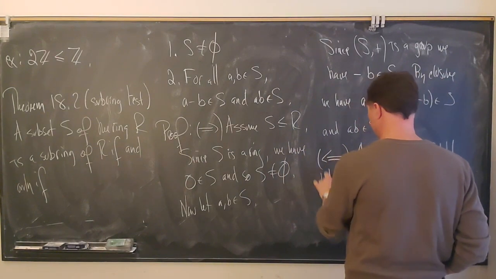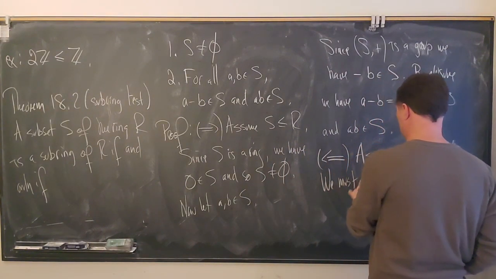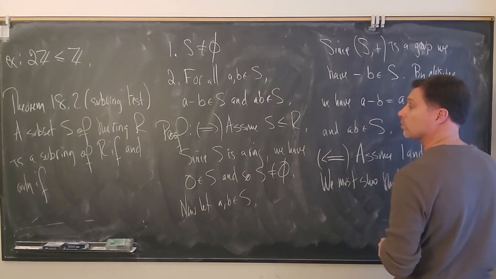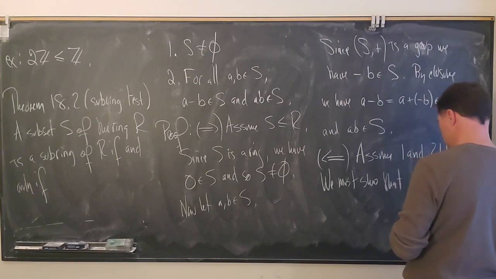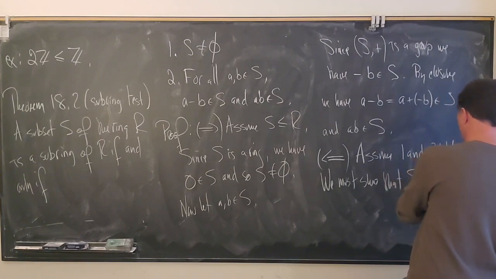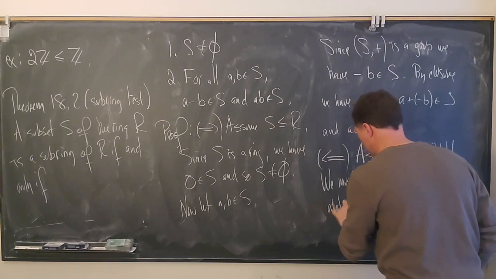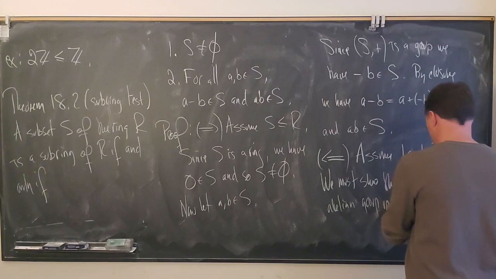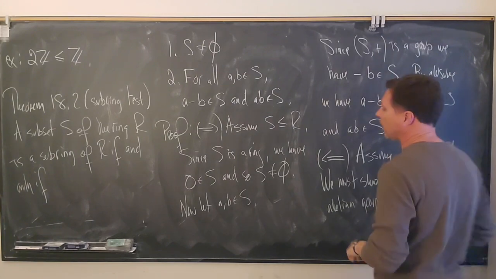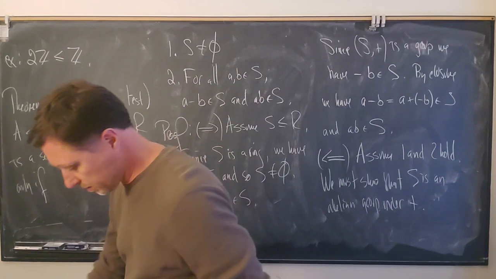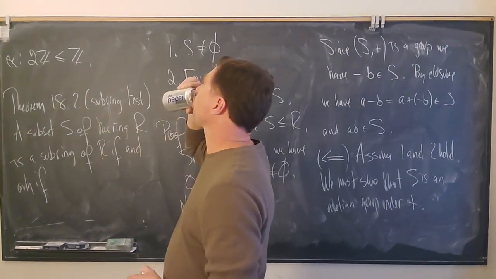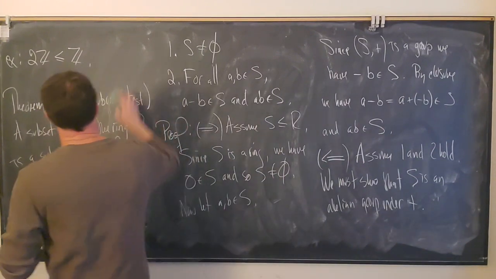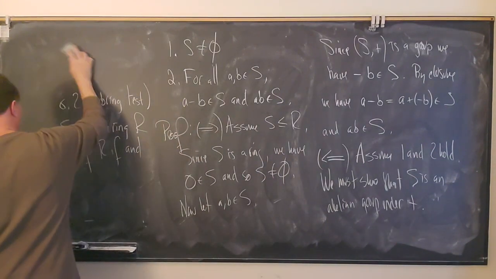We must show that S is an abelian group under plus. Then we'll have to show that associativity holds under multiplication. So let's say it like this.